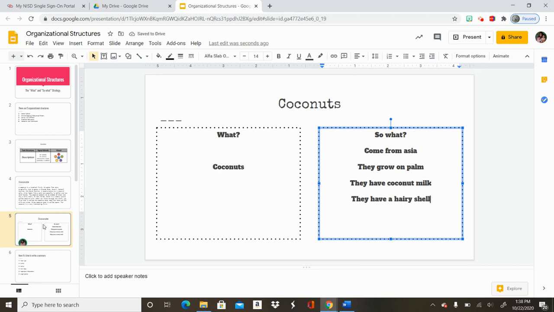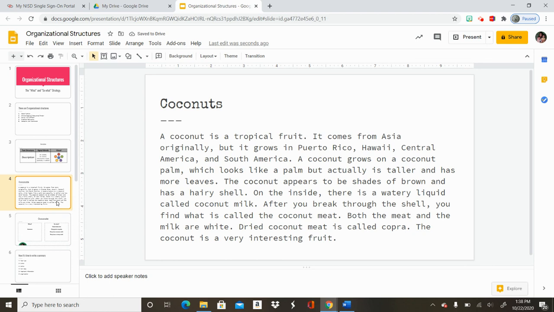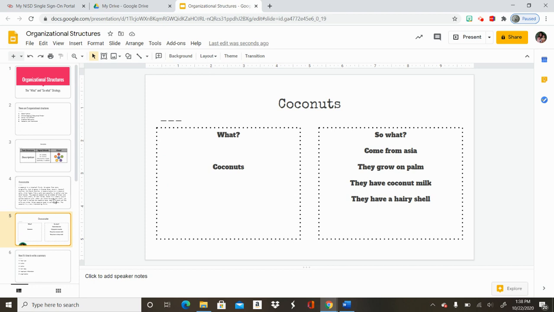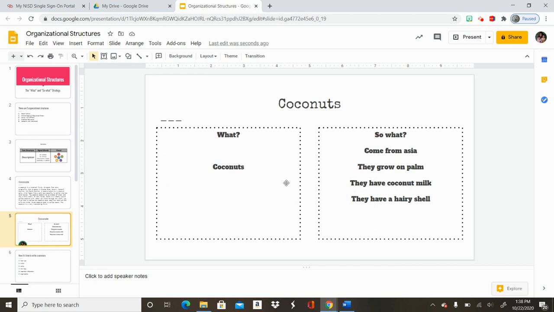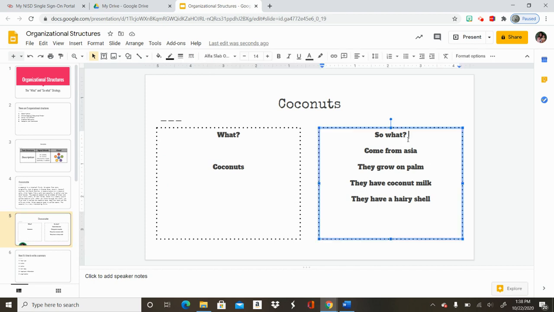What does it say about these? We got the coconut milk. Did I put the coconut milk on there? Yep. The hairy shell. They grow on the palm. Oh, it's a tropical fruit.